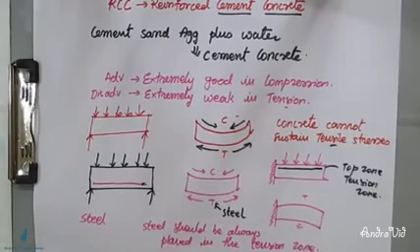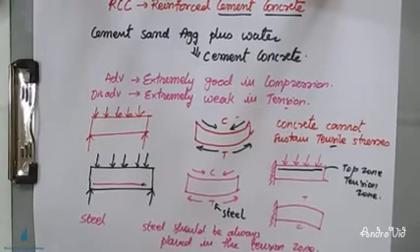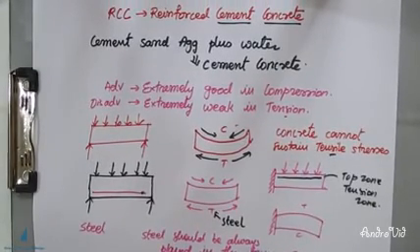After providing this, you can define RCC or reinforced cement concrete. So this is the general idea behind reinforced cement concrete. Because cement concrete is very weak in tension, we provide a reinforcing bar in the concrete to give rise to reinforced cement concrete, that is RCC.